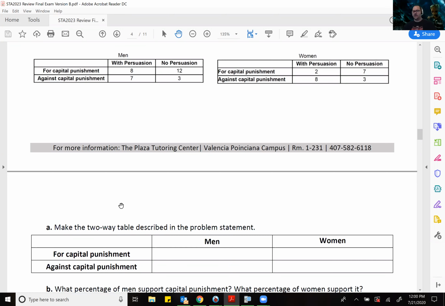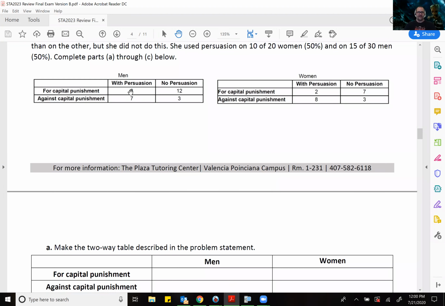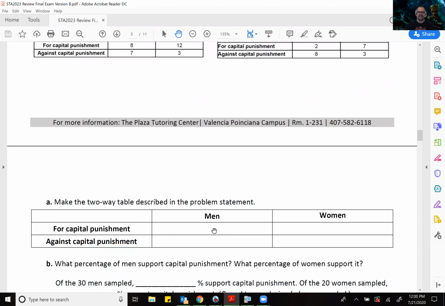How many men are for capital punishment? All right. So here's capital punishment. That's 8 and 12. So there are 20 men for capital punishment. How many men are against capital punishment? And that's right here. 7 and 3. So that's 10. So in here, you're going to put 20 and 10.